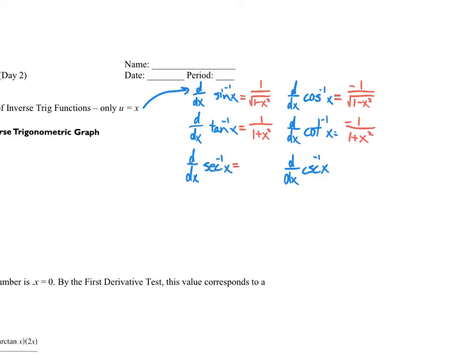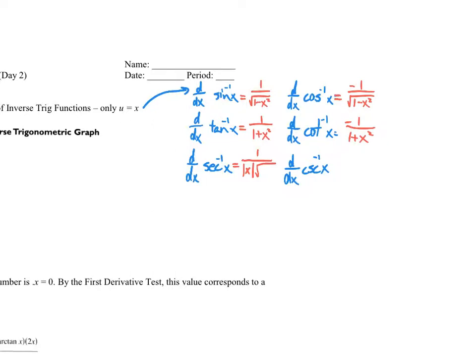And then, how about our arc secant? 1 over the absolute value of x, and then times the square root of x squared minus 1.